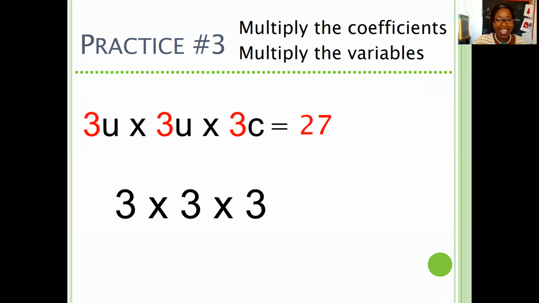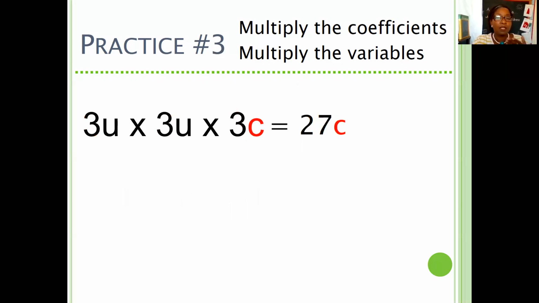Good. Then we're going to look at our variables. I'm sure you see 2 distinct variables there. But remember, we want to proceed kind of in alphabetical order, right? So we're going to go with our C first. And the C is just by itself. So we got that.